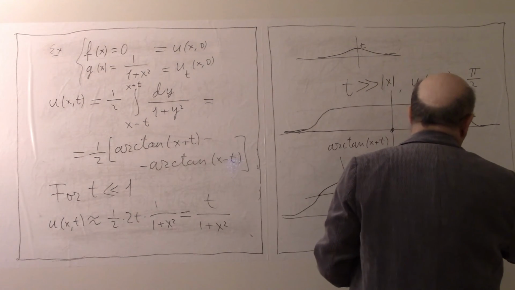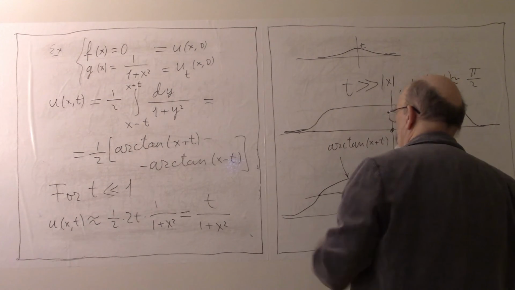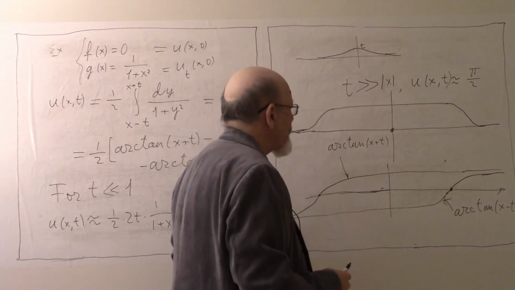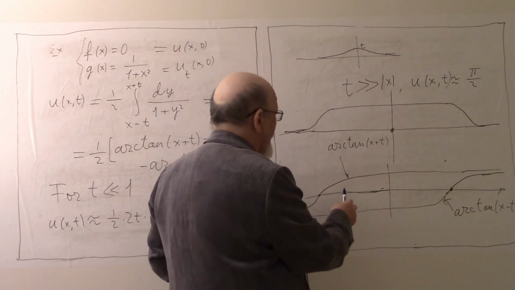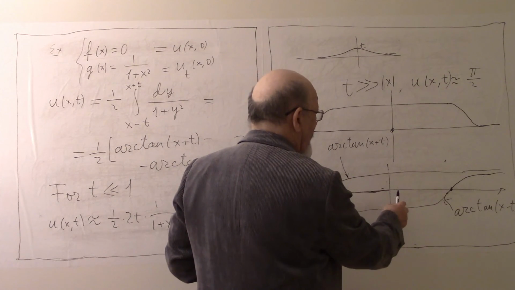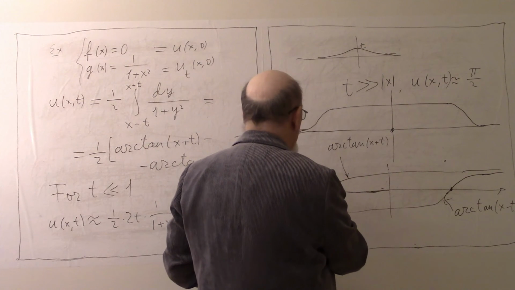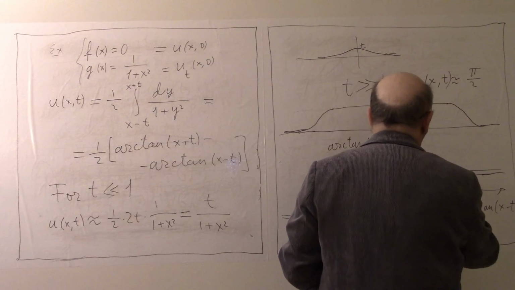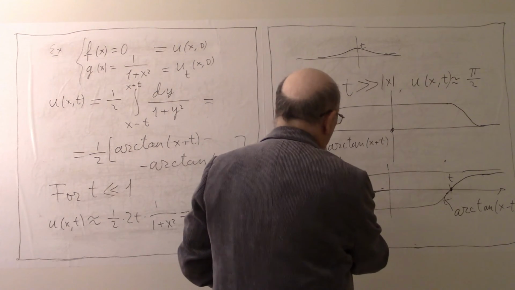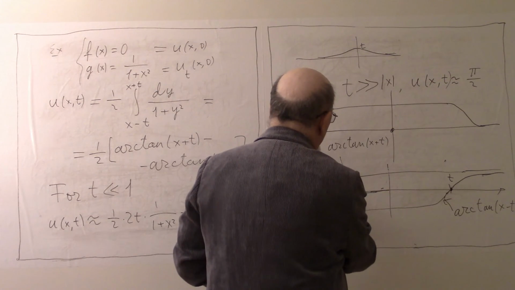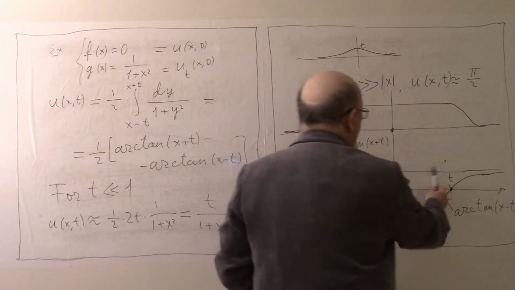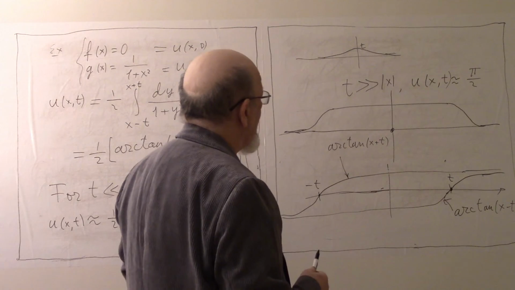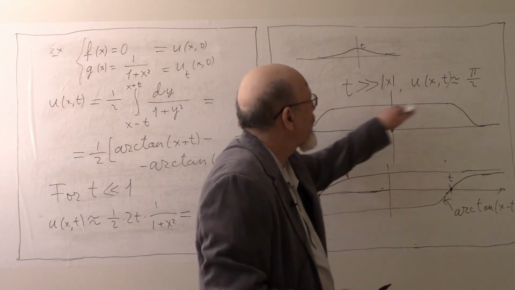Here the limit is pi over 2. Here it is minus pi over 2. And when we are a little bit farther from minus t and from t, the difference is close to pi, like it is written here.